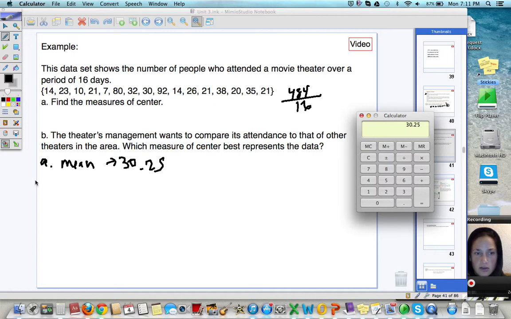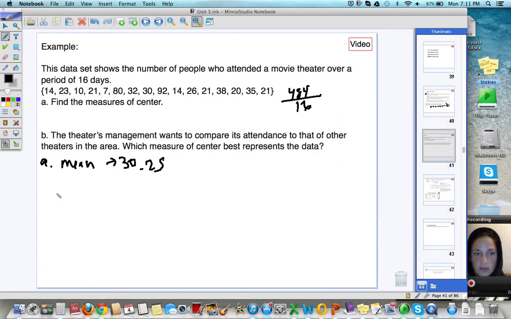So if we go to B, that was our mean, now we want the median. To find the median, I like to order these from smallest to greatest. So I have a 7, and then I'm going to cross them off. A 7, a 10, 14, and a 14, so two 14s. 21, two 21s.